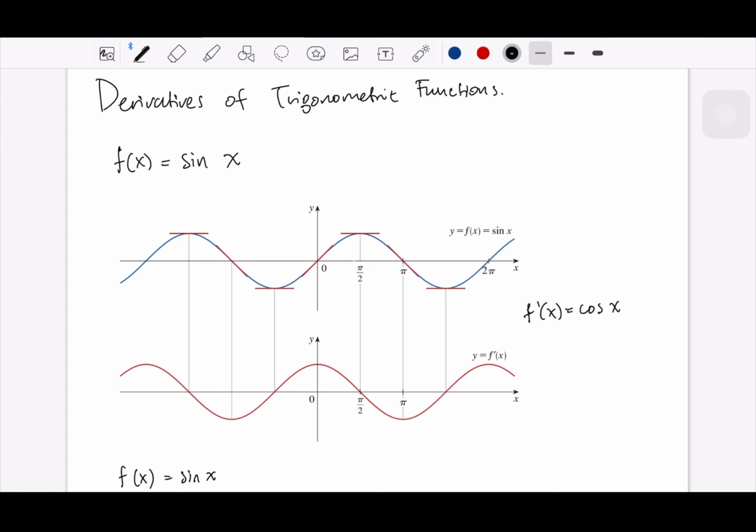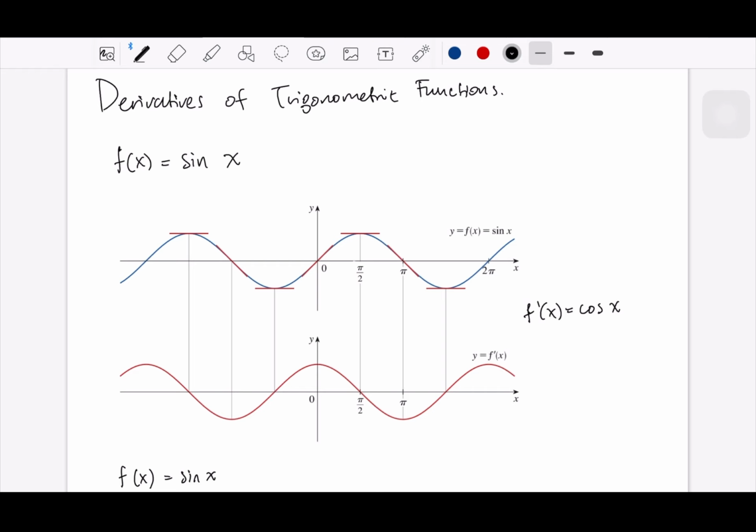Okay. Last week we learned the product rule, the quotient rule, and the introduction to derivatives of trigonometric functions. I think we can start with sine x.